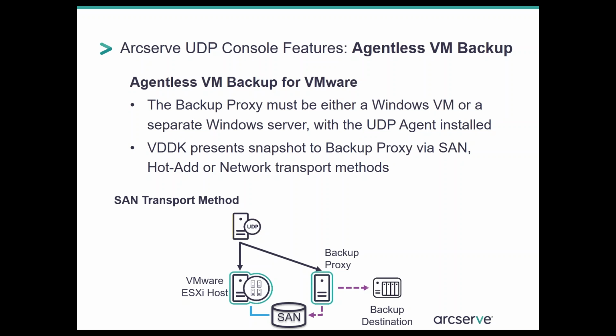The backup proxy will access the SAN, and the data store, the VMware data store LUN, will be presented to the backup proxy, and then the agent on the backup proxy will perform the backup to the destination. This is the most network efficient way of doing the backup using VMware VMs, because the backup proxy is accessing the snapshot through a SAN and not going over the network.